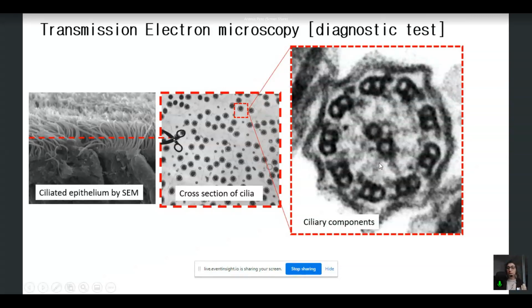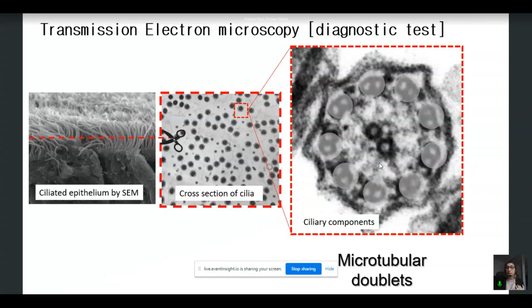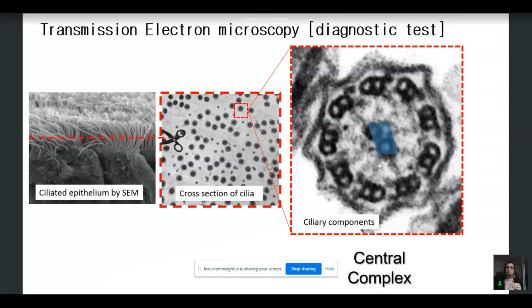What we want to see inside are these doublets that look like 8 shapes, and the central pair in the center, which we will call the central pair from now on. Then the outer dynein arms, which are hair-like protrusions on these 8-shaped doublets, and the inner dynein arms, which are a bit more complex to see.